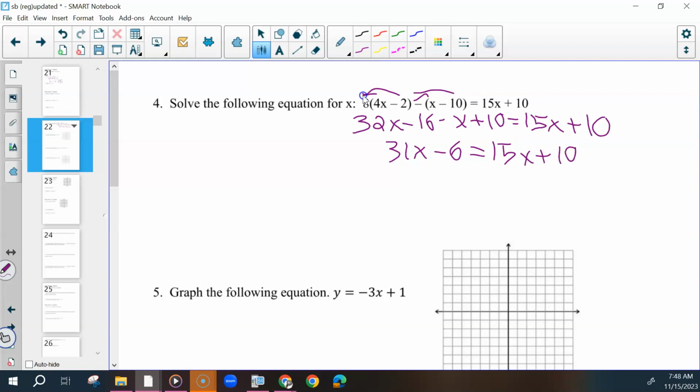From this, how many solutions should we have? 1, none, infinitely many? 1. We have different coefficients. And then how you chose to solve that was up to you. Let's say we subtracted 15x on both sides and added 6. Was that 16?